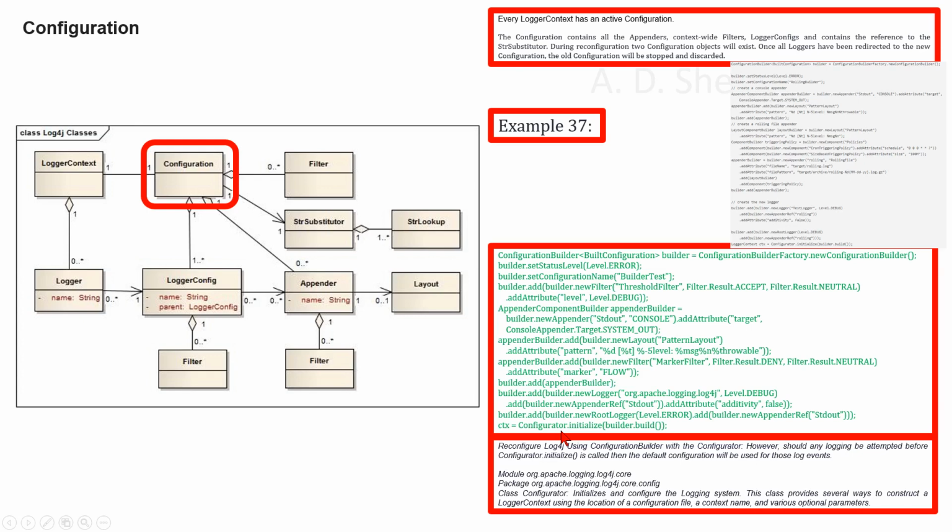However, should any logging be attempted before the Configurator.initialize method is called, then the default configuration will be used for these log events. This example shows how to create a configuration that includes a rolling file appender.